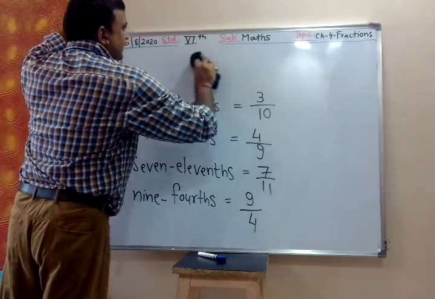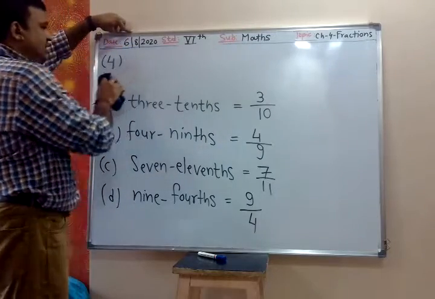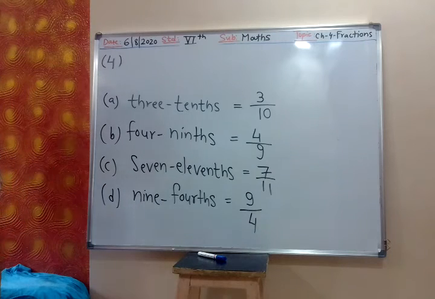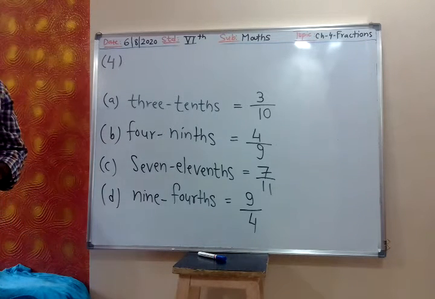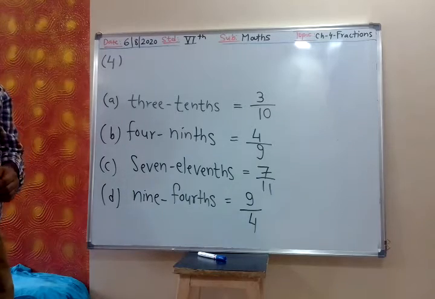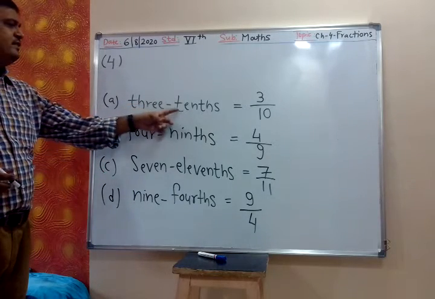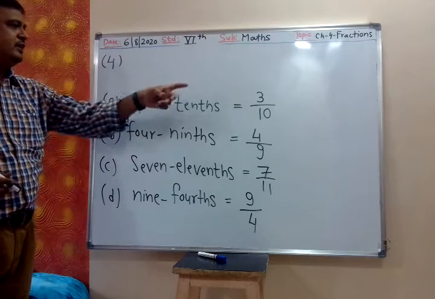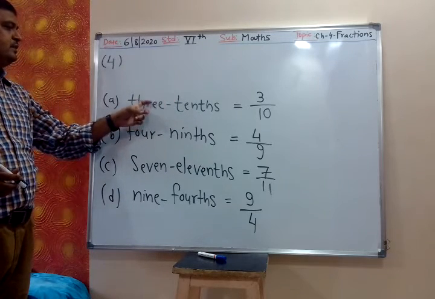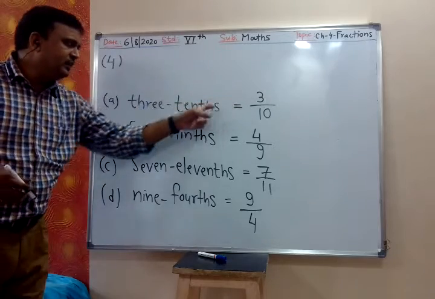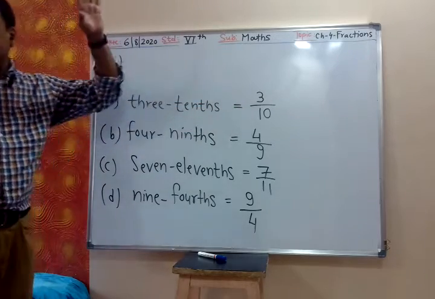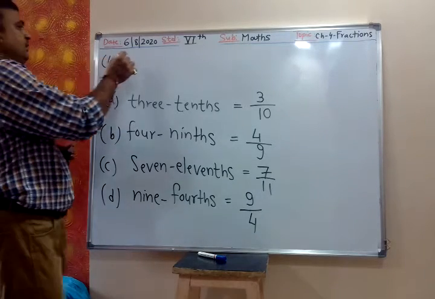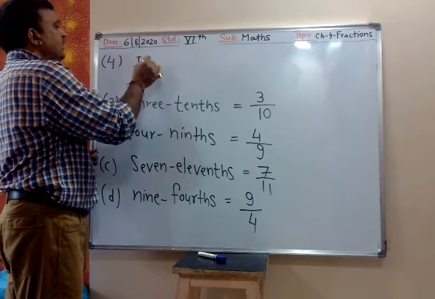See, fourth one. 3/10, this is the fraction name. From the name you have to write down the fraction. So 3/10 means 3 we write in the numerator, tenths we write in the denominator.